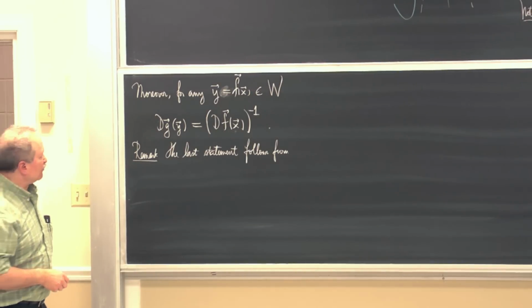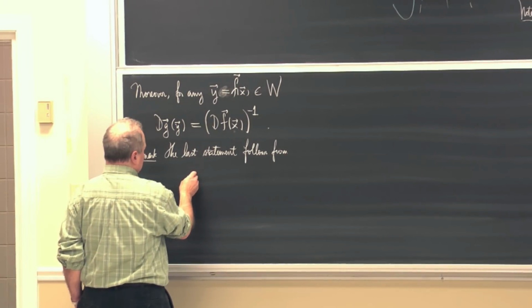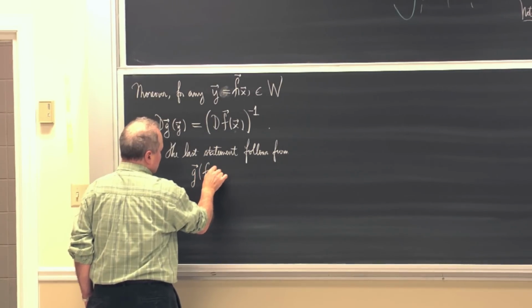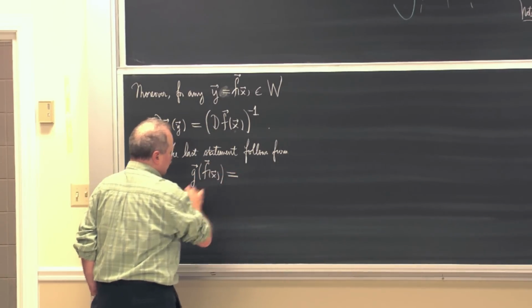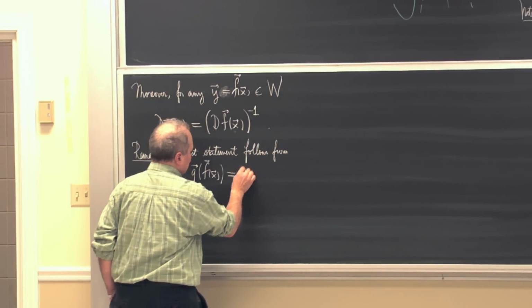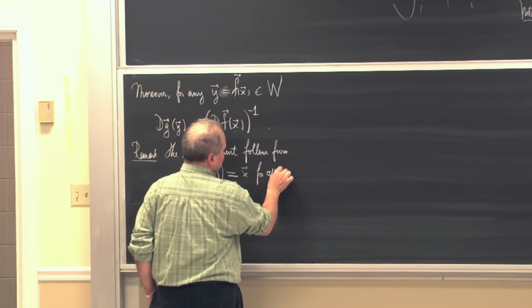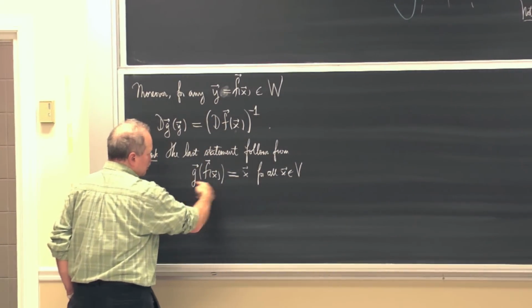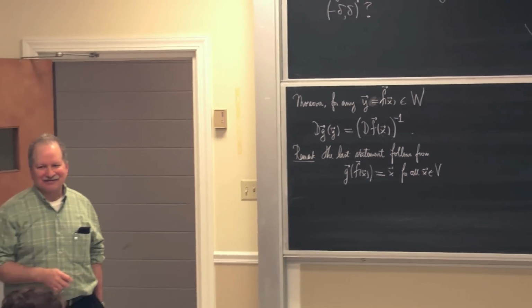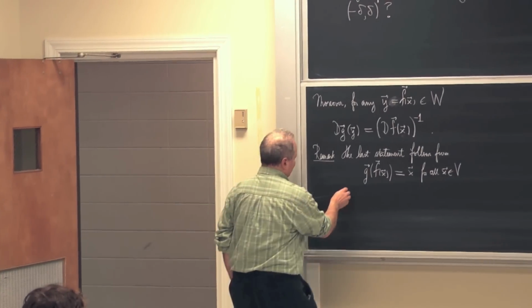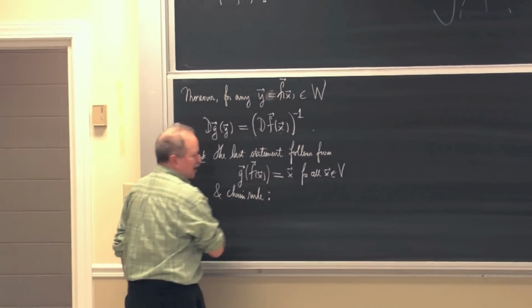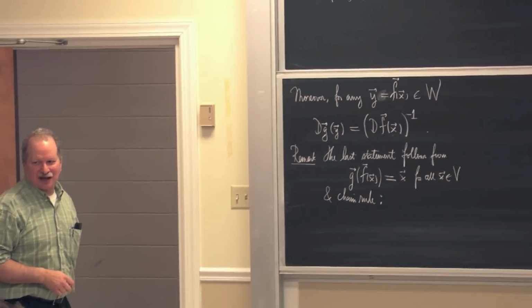They're inverses. So in other words, if I take G of f of x, what does it equal to? X, for all x in V. What should you take and do with that equation? You take the derivative. The derivative of a composition is the composition of the derivatives.